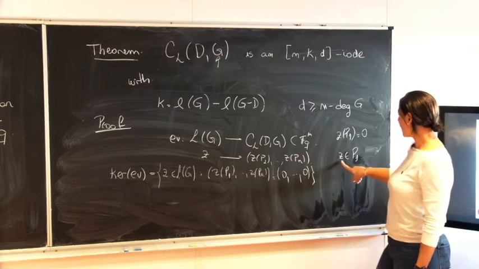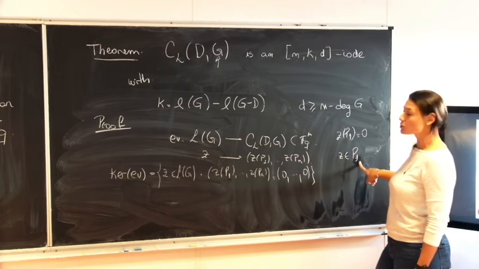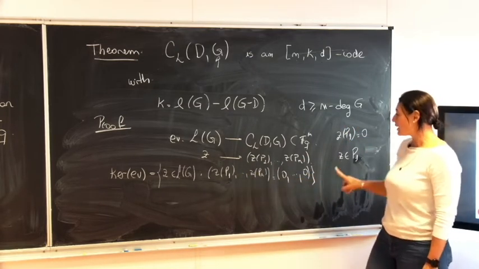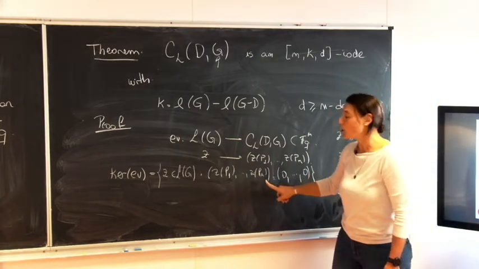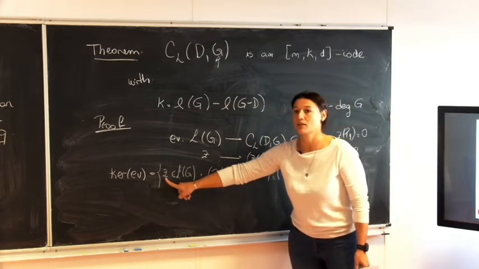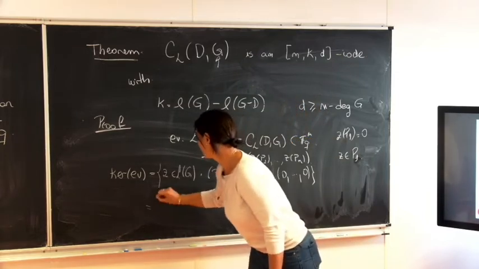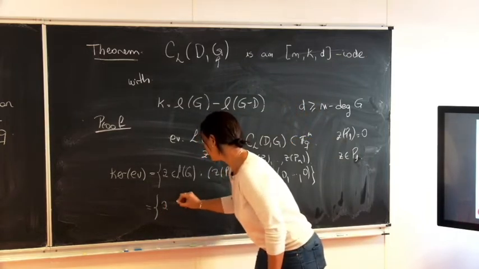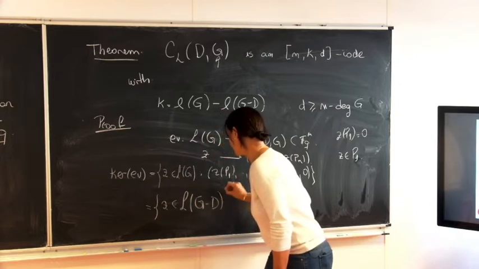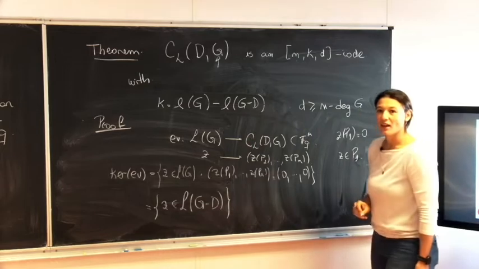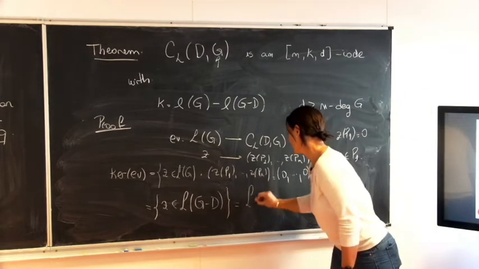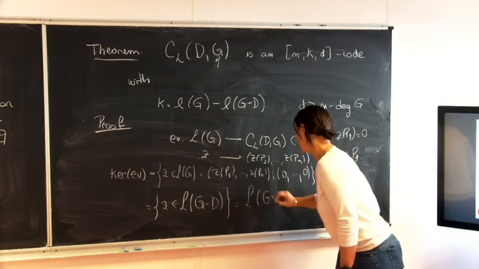And so if we had that z belongs to all the pi, then that means that P1, P2, all of them are zeros of the element z. And so z belongs actually to the Riemann-Roch space of G minus D. So this is actually L of G minus D.